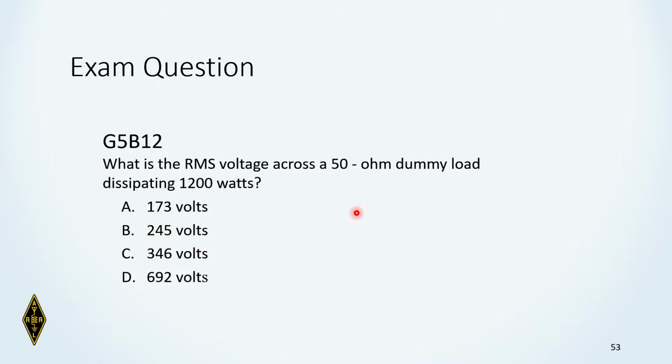What is the RMS voltage across a 50 ohm dummy load dissipating 1200 watts? We won't take the time to calculate it, but you might remember from the example. Yeah, 245. Emily. The formula is the square root of 1200 times 50.